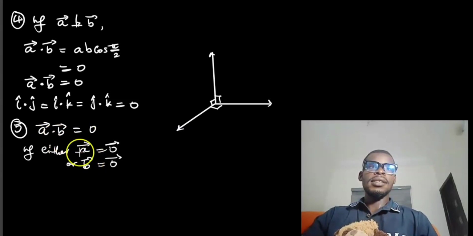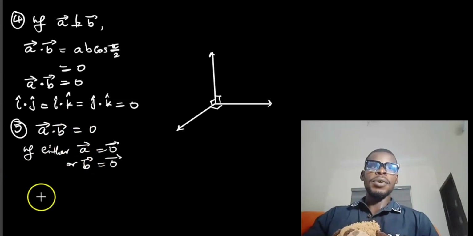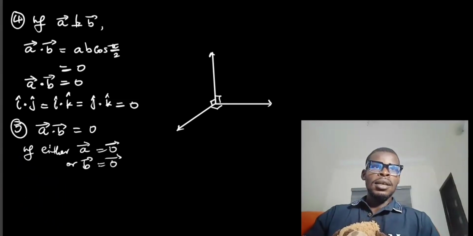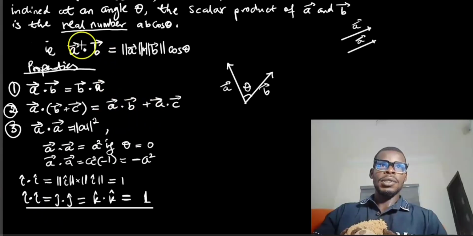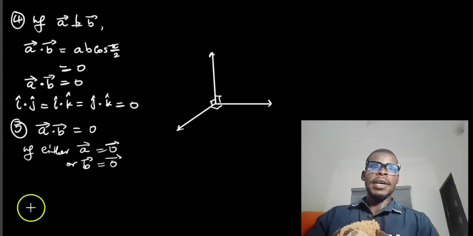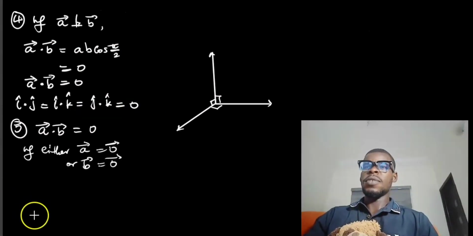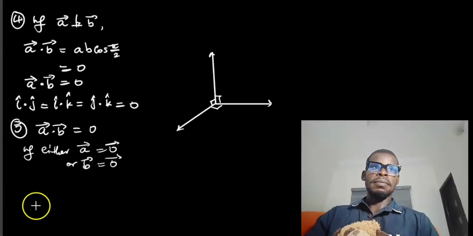These properties are important, and we also have very important ones. Let's just note this last thing. Using this definition right here, if you are given the two vectors and their lengths, and you want to find the angle between them, we could easily use it.